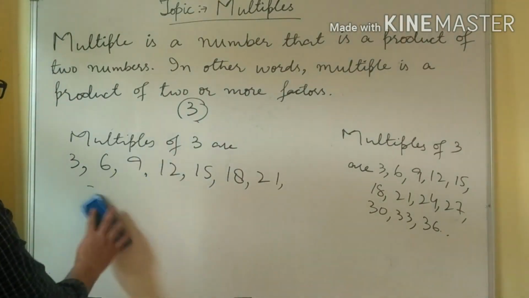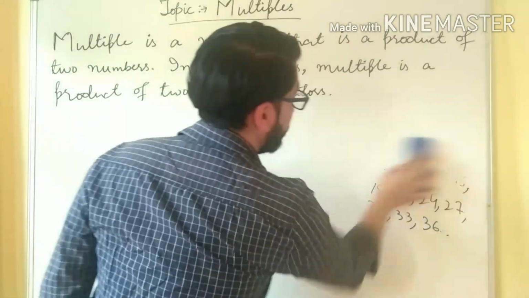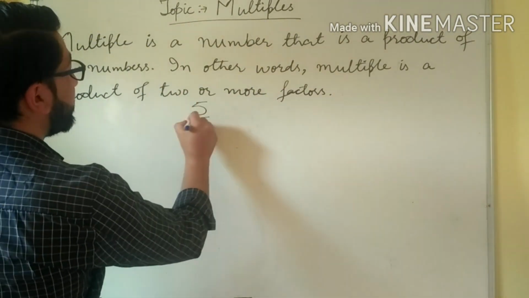So I am going to give you one more example of another number. Say we will take now 5. So we will find multiples of 5.